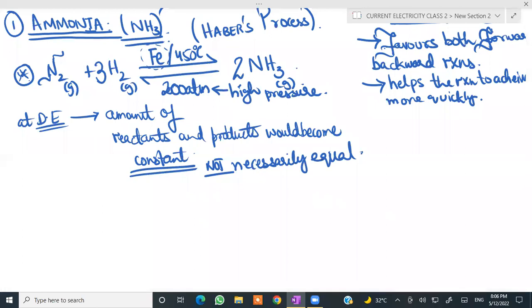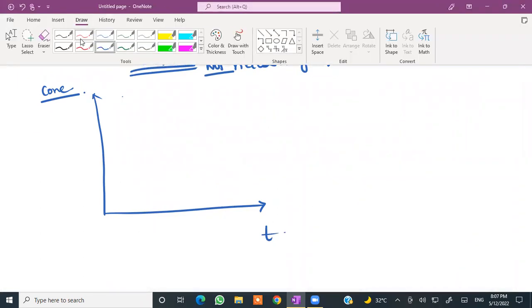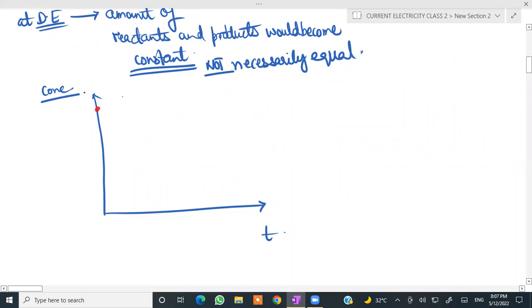All right. So now let me represent the dynamic equilibrium using a graph. Now you've got the concentration of the reactants or the products on the y-axis against time. Initially, you know that the reactants would be at a certain concentration. For example, this is the concentration of the reactants. And products initially would be 0, right?